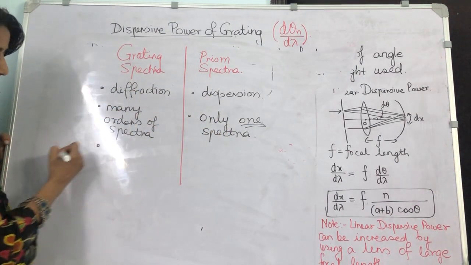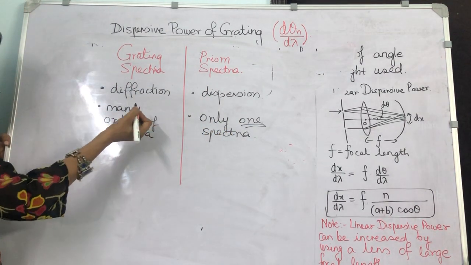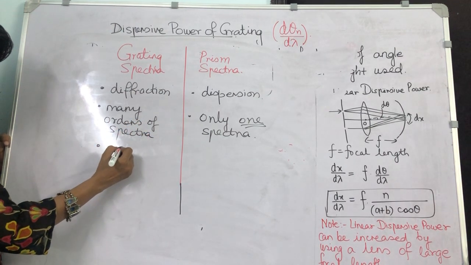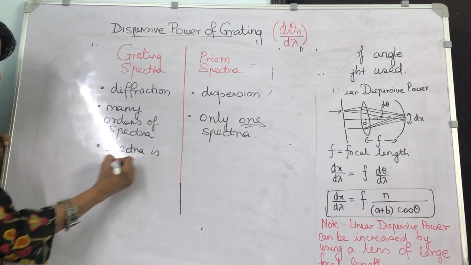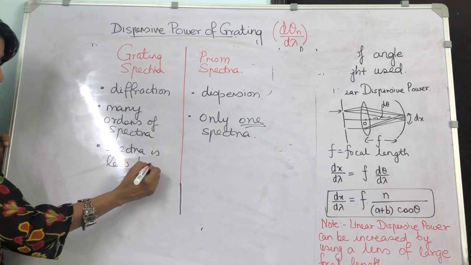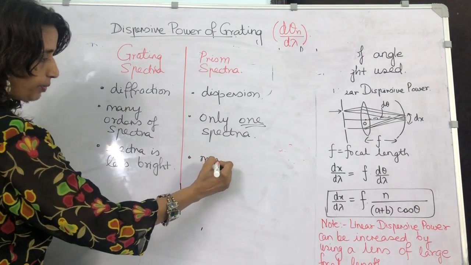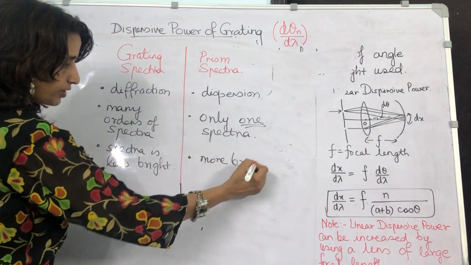Grating has a large number of spectra. Since the number of spectra are large, the spectra are less bright compared to the prism spectra, and here they are more bright because only one spectra is getting formed.